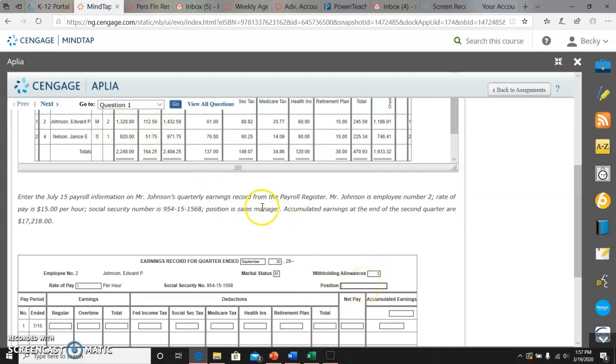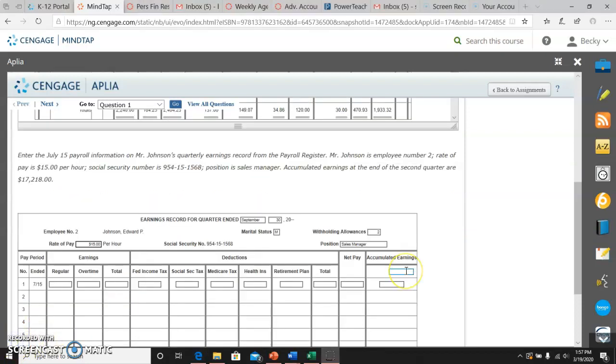His position, it said, is sales manager. They already put his Social Security number in, and his rate of pay, they told us, was $15 per hour. And then the last piece of information they gave us was his accumulated earnings were $17,218.